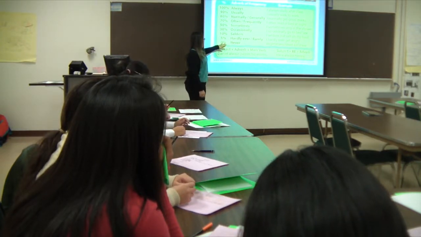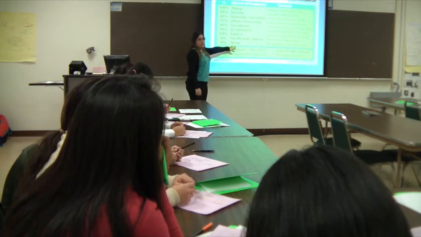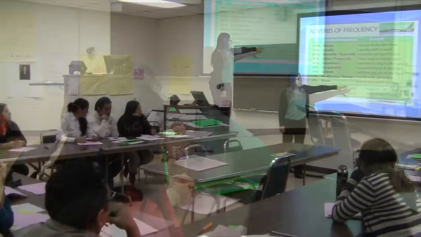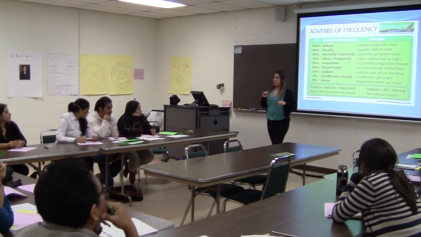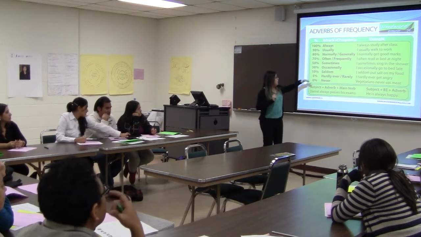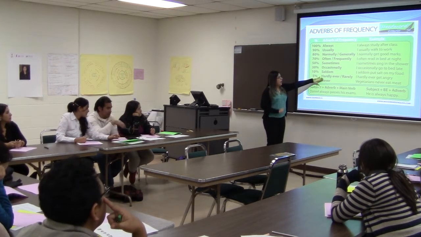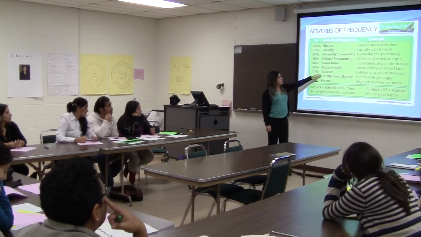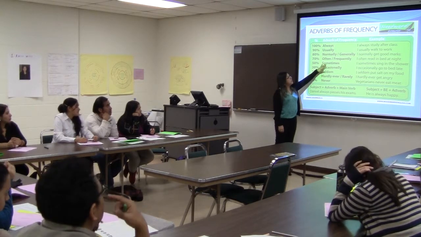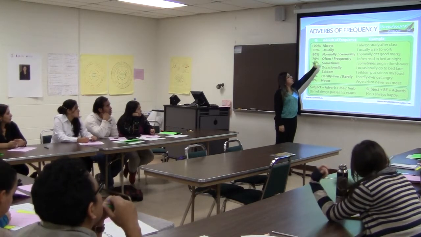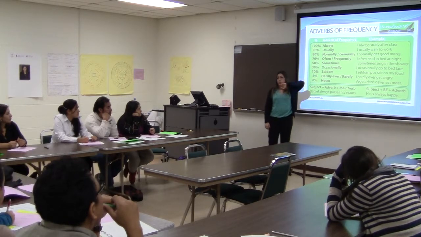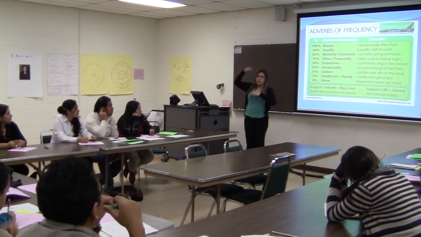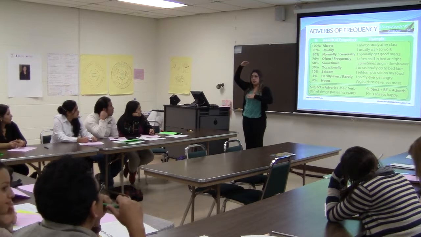We have 0%, never. For example, vegetarians never eat meat. Yeah? And you have some of them: hardly ever, rarely, seldom, occasionally, sometimes, often, normally, usually, and always. That is very progressive, from 0% to 100%.